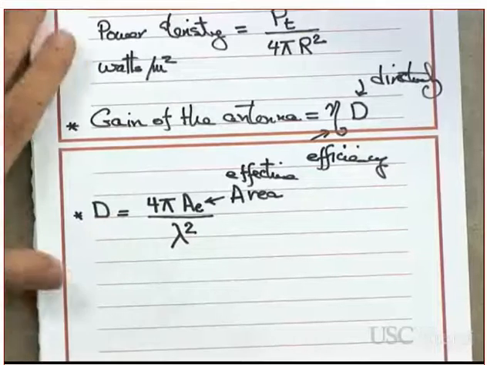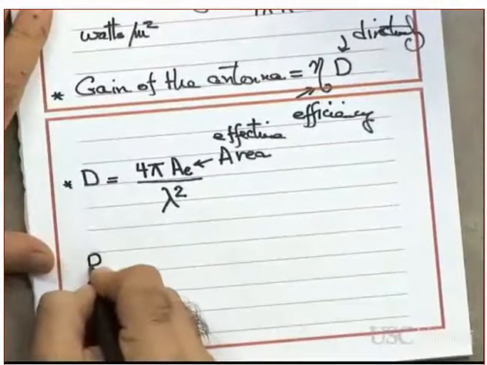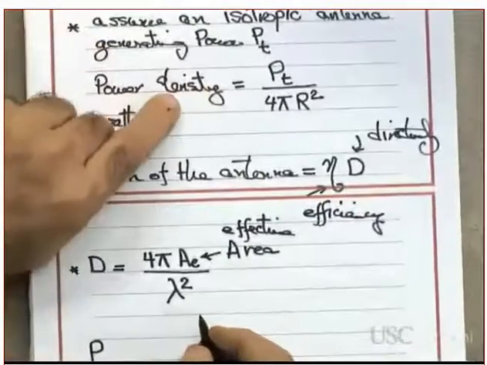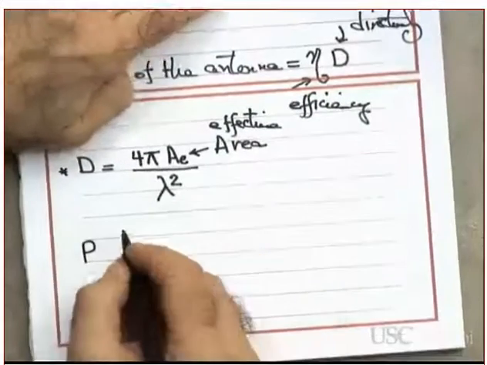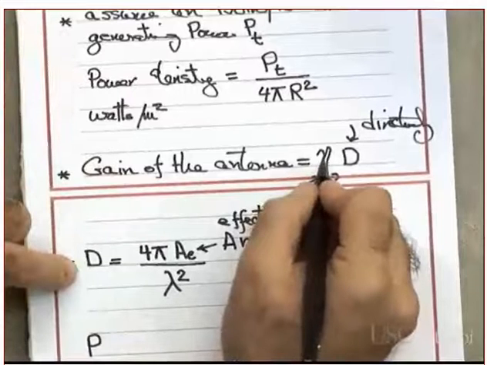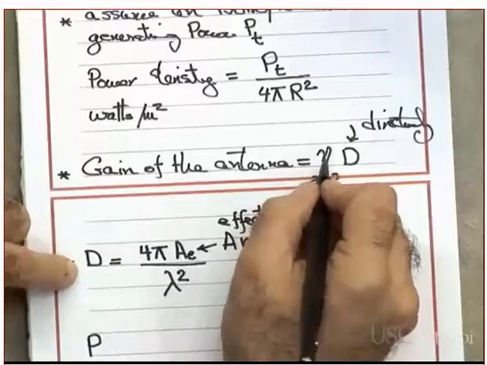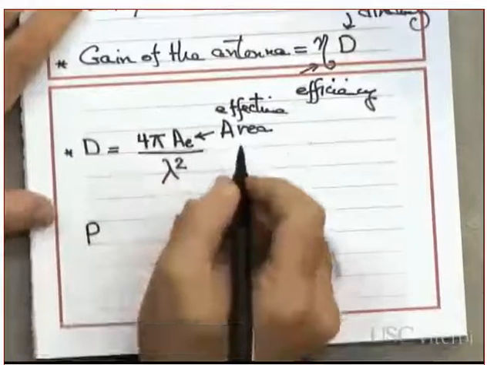Yes or no? Which means, what do I have now? The power, this is a power density. Let's assume, by the way, the eta is 1. Which means this is the gain. Yes or no? So what do I have?